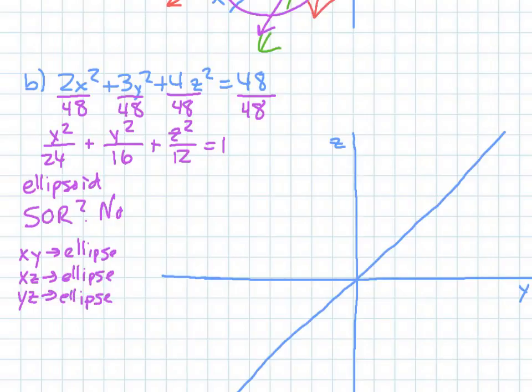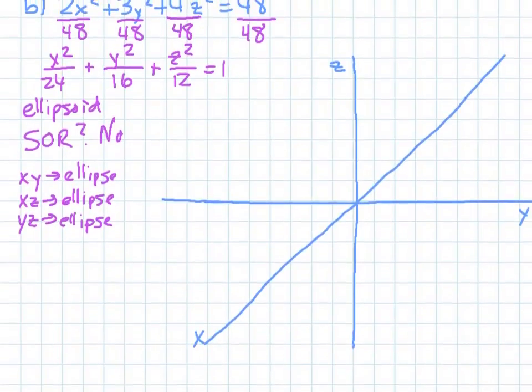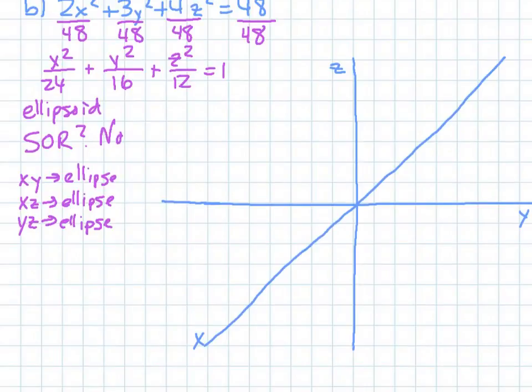Okay, so now I want to graph it like I did previously. So 24, the A value would be the square root of 24, and I did this on my calculator earlier, so 4.89. Let's do 4.9. Okay, B would be 4. C would be the square root of 12, which is 3.5. Okay, so then just kind of try to plot them as best as you can.